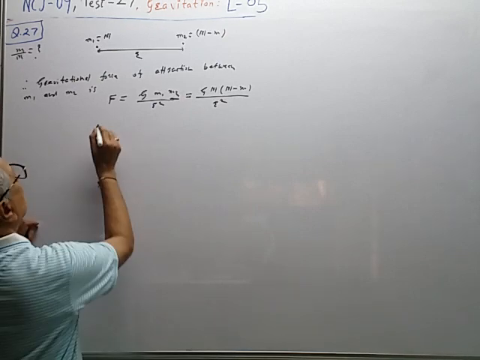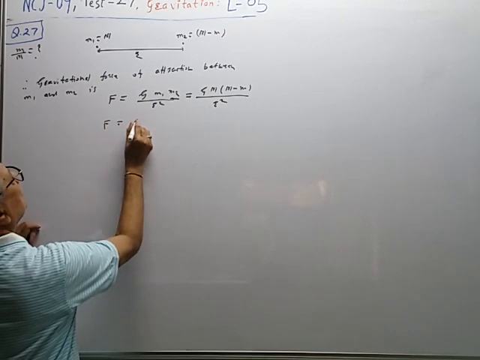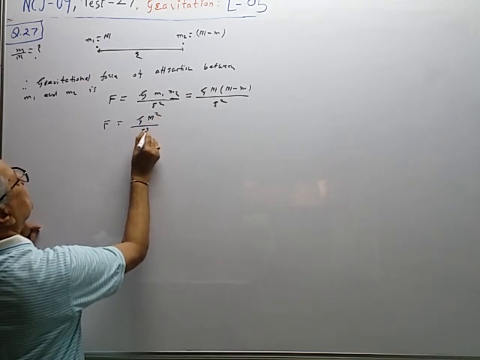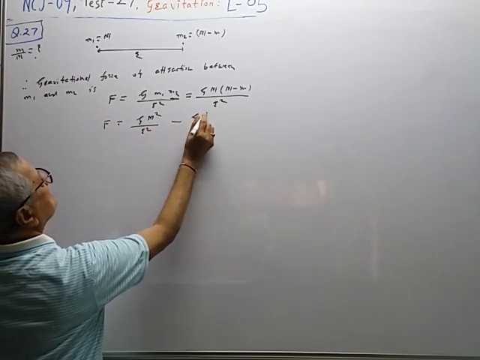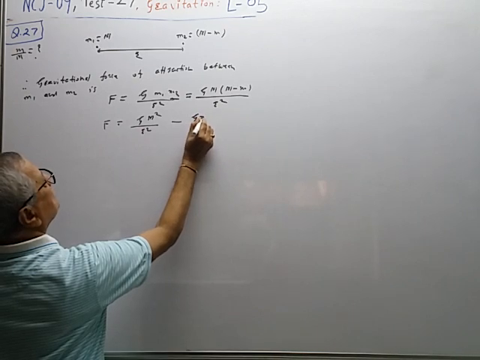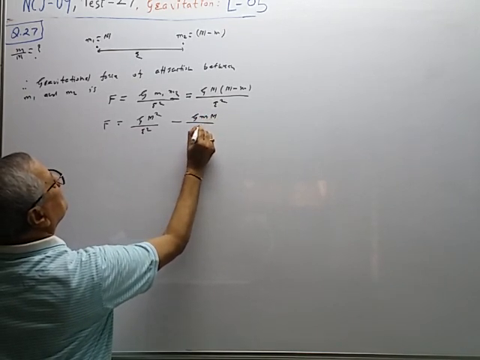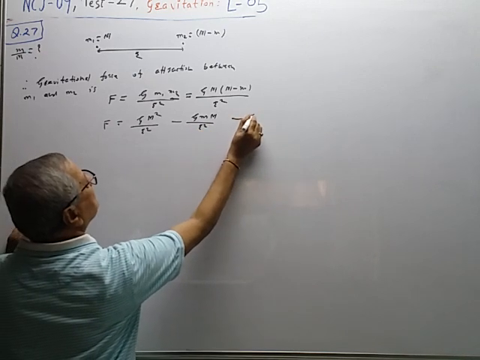So F is equal to G M m upon r square minus G m square upon r square. This is equation 1.